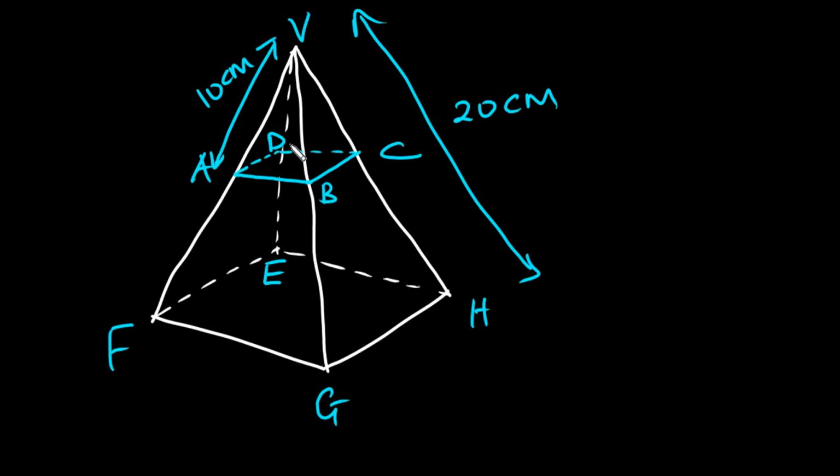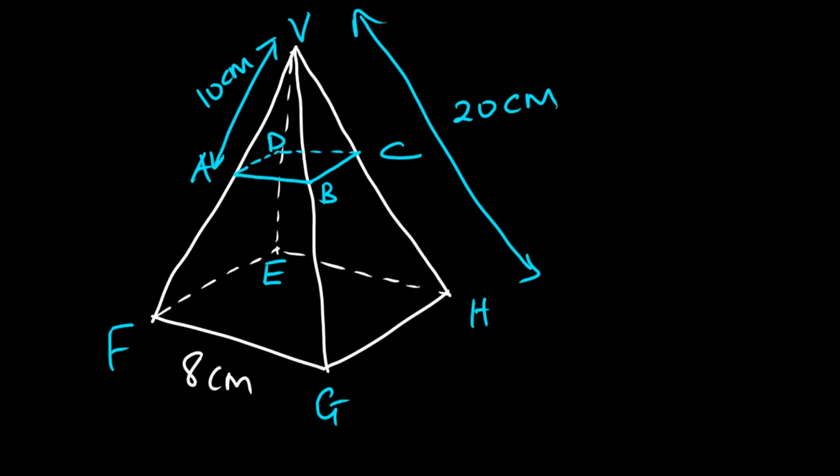So where is AB? AB is this length, A to B. So how are we going to get the length AB? Also we have FG is 8 centimeters. So we are required to get AB, and we are going to use the knowledge on similarity and enlargement.